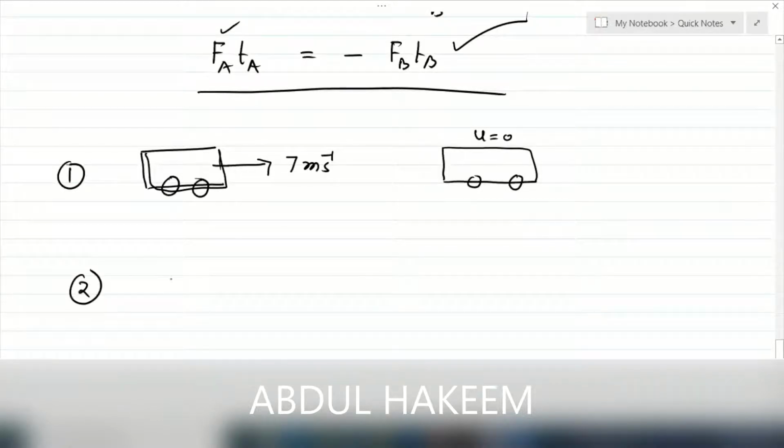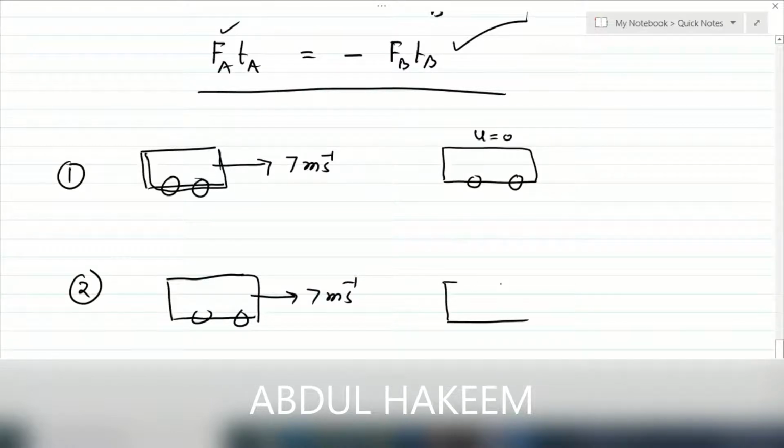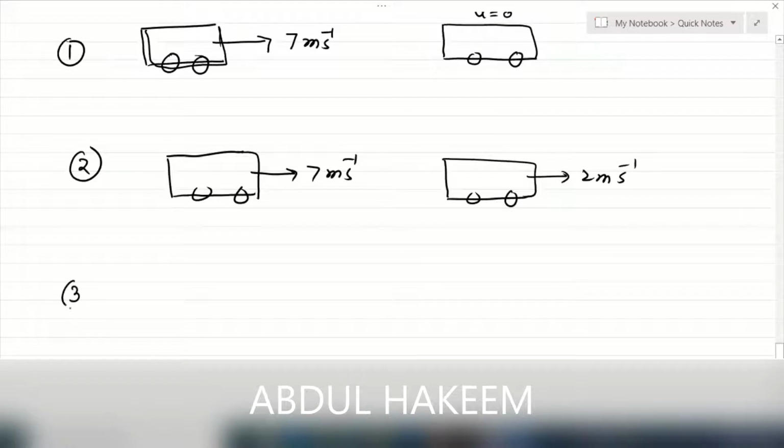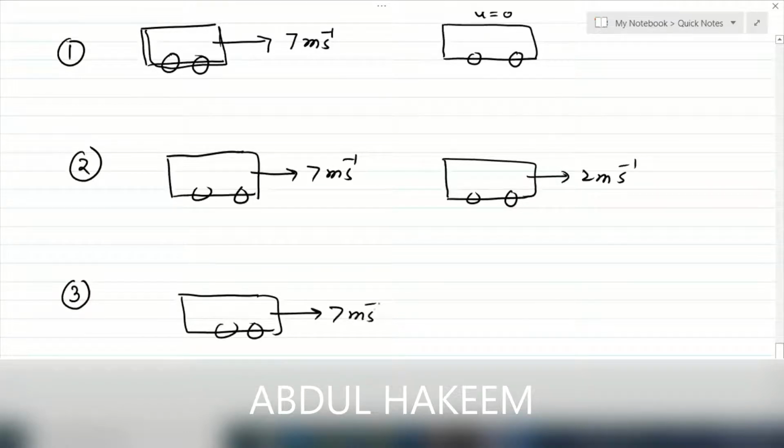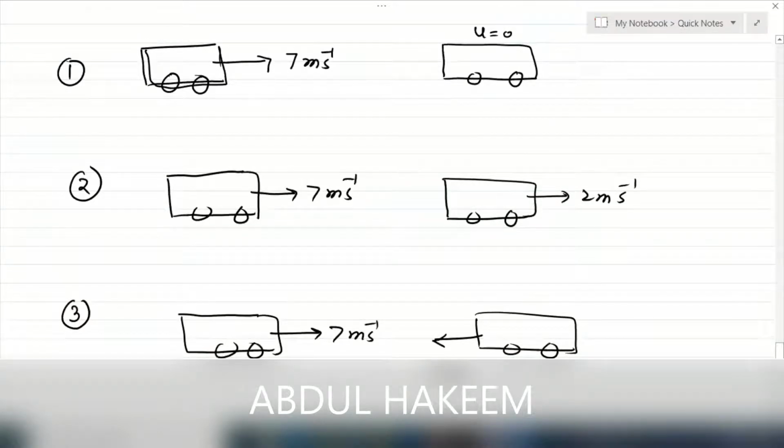Number 2, this object is moving 7 meter per second, and this object is moving now with 2 meter per second. Third situation, this object is moving with velocity 7 meter per second, and the second object is moving in the opposite direction, suppose with 2 meter per second. So these are the three types of the collisions.